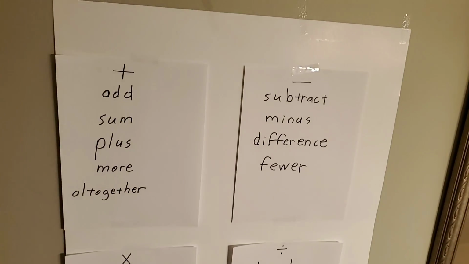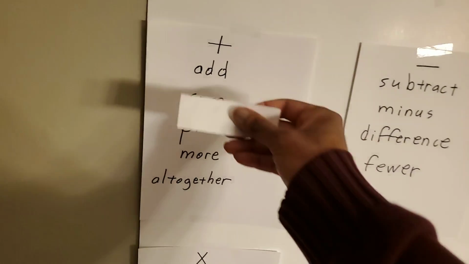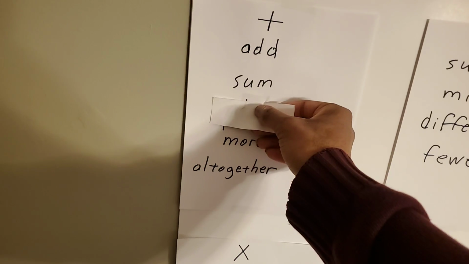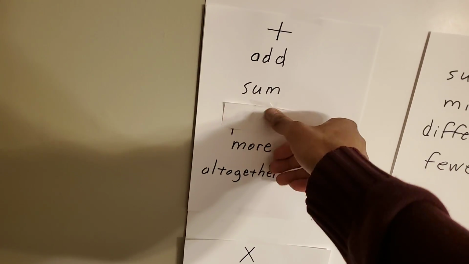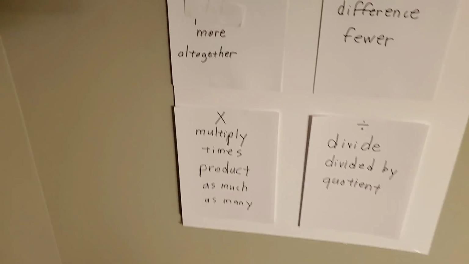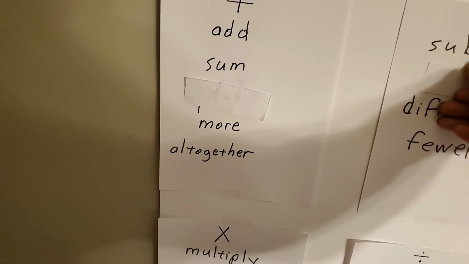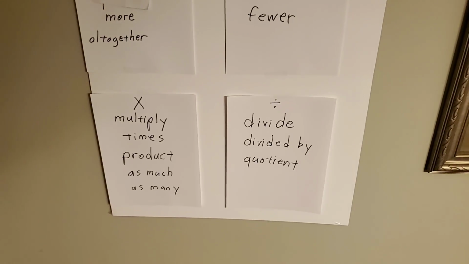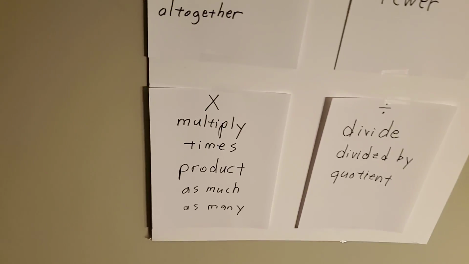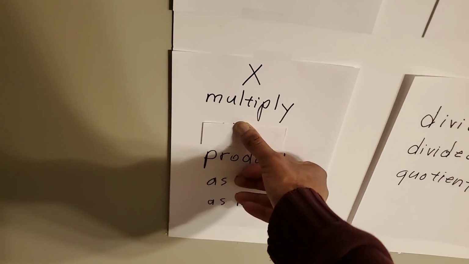there's a few words that we are going to take out. We're going to get rid of plus. We don't need plus. We are going to take away minus. We're going to take away times.